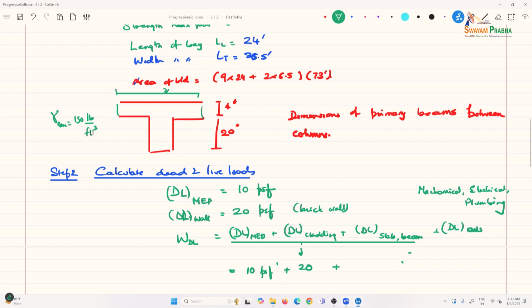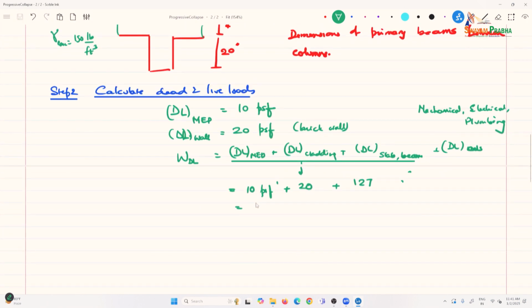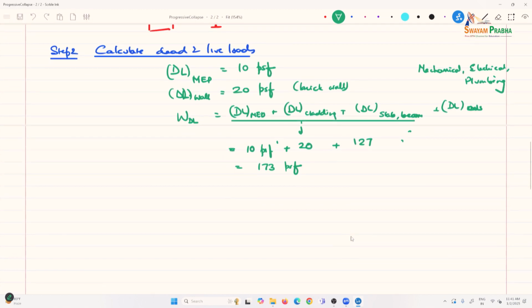So, 150 for reinforced concrete. That comes to 173 pounds per square foot. Let us not worry about all the details of those calculations, but basically you calculate that value. You can take the weight and distribute it over the area and get the equivalent PSF.